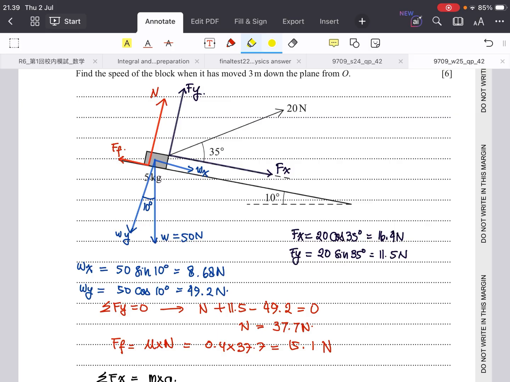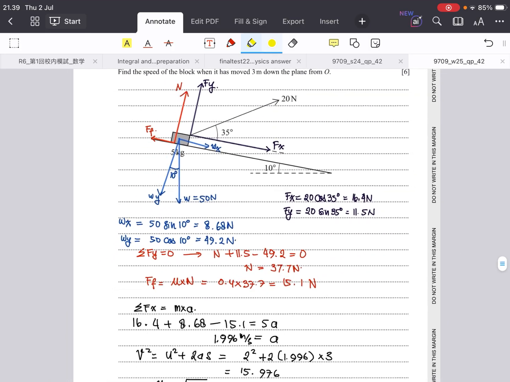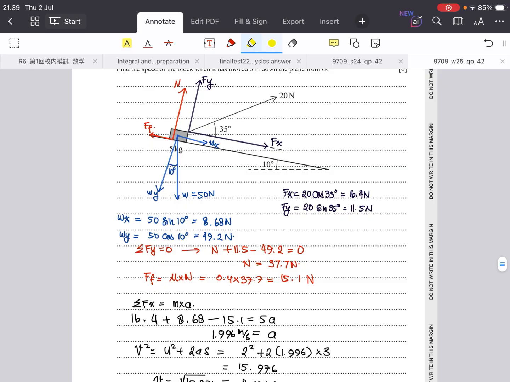And then we want to find the acceleration of the block. So in y direction, the forces are balanced, but in x direction, the forces are not balanced. That's why the block moves with acceleration in x direction.